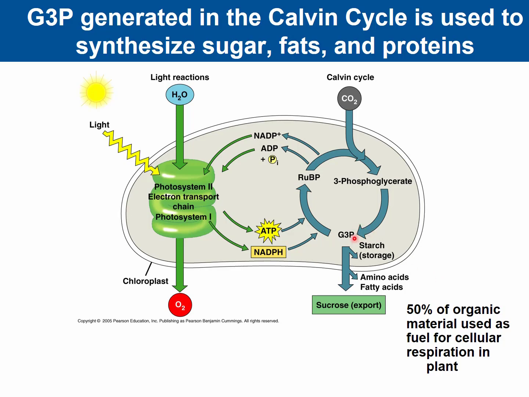Some of that G3P gets converted into sucrose. Sucrose is a disaccharide. That's the form of sugar that can be transported through the plant. So through the vascular system, sucrose gets passed from one part of the plant to another. And so that G3P can be used to produce various types of molecules for the plant cell.